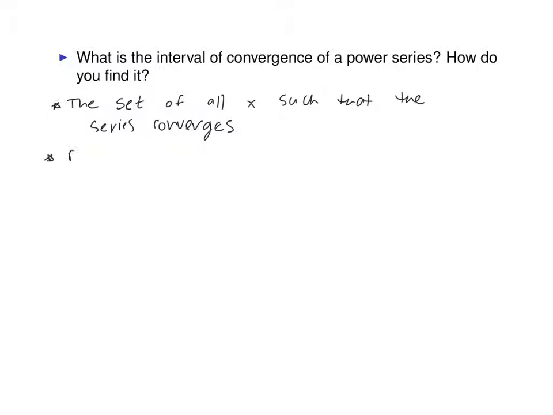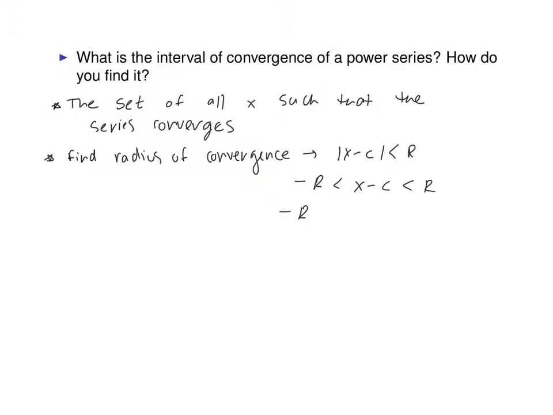You find the radius of convergence. So you're going to end up with some absolute value of x minus c is less than r. Translate that into negative r less than x minus c, which is less than r. Negative r plus c will be less than x, which will be less than r plus c.